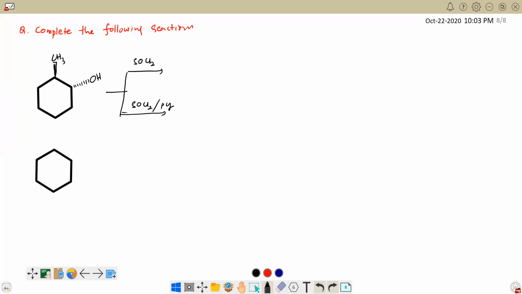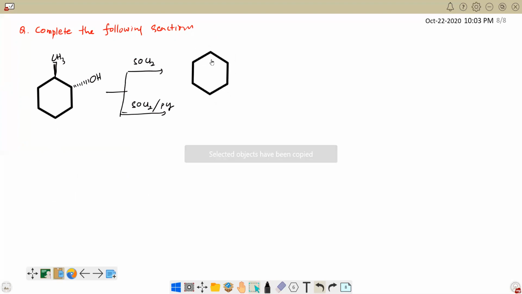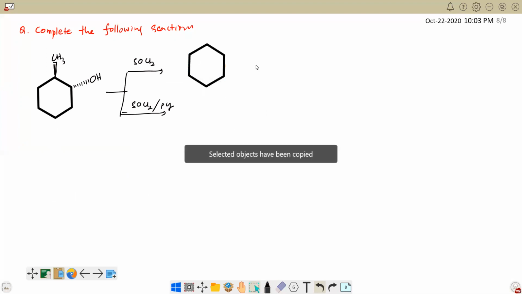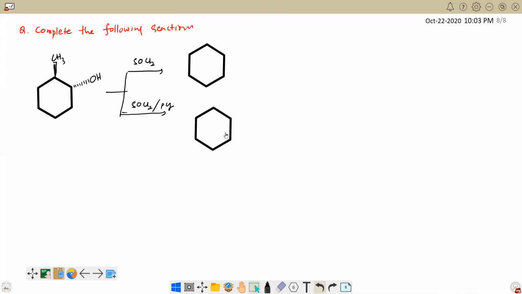Sir, the first one is in presence of SOCl2, without pyridine. In that reaction, the OH group will get removed and Cl will get added. Okay. Write the two products. CH3 will remain there, sir.